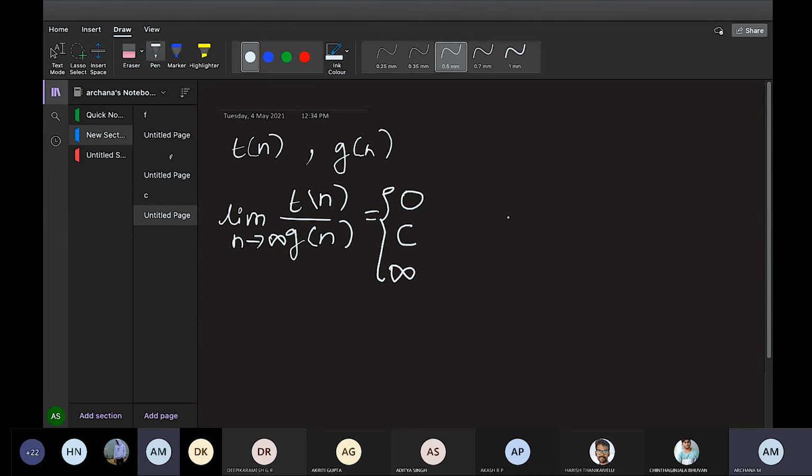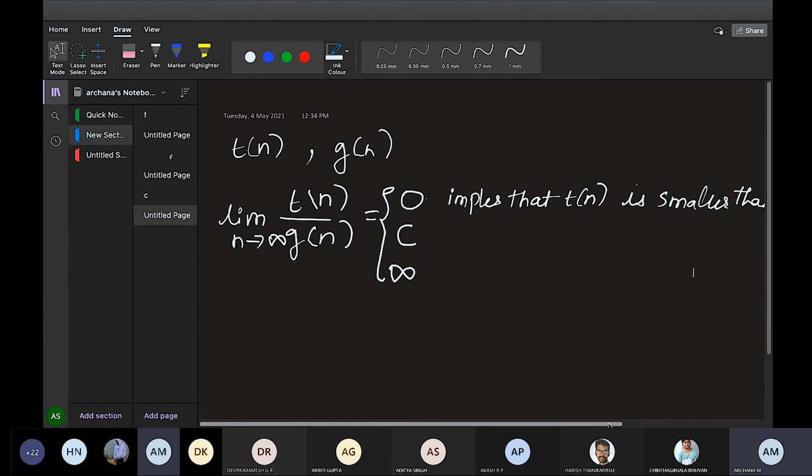When the limit is 0, this implies that T of n is smaller than G of n.